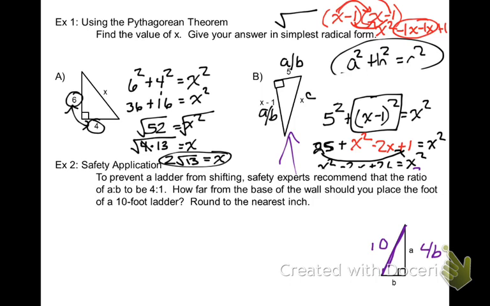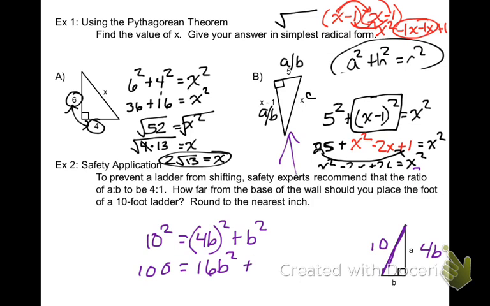Doing the Pythagorean Theorem, you're going to go 10 squared, that's your c squared, equals, oh sorry, not a, that would be 4b, 4b squared plus b squared. And that would be 100 equals 16b squared plus b squared.